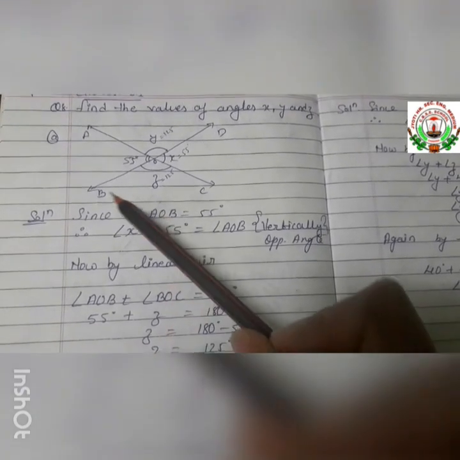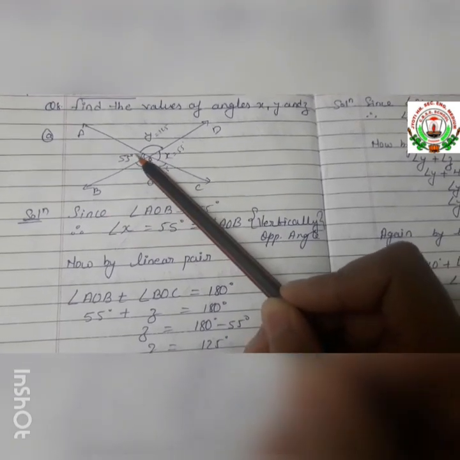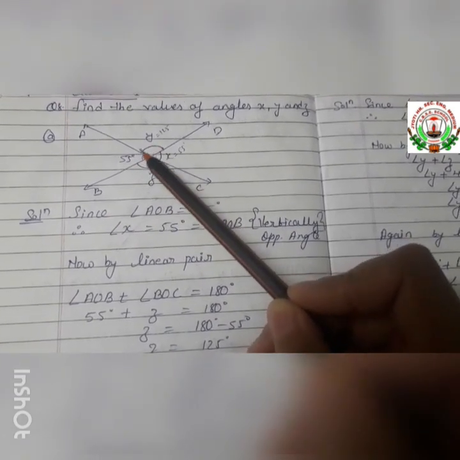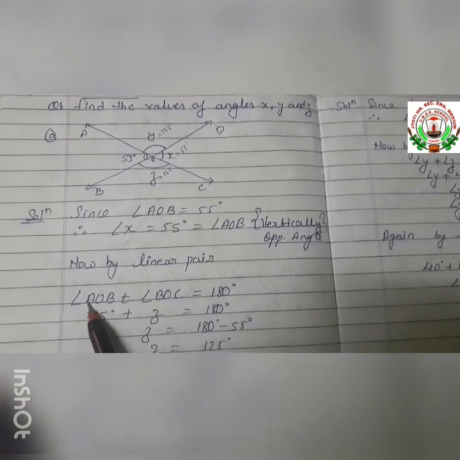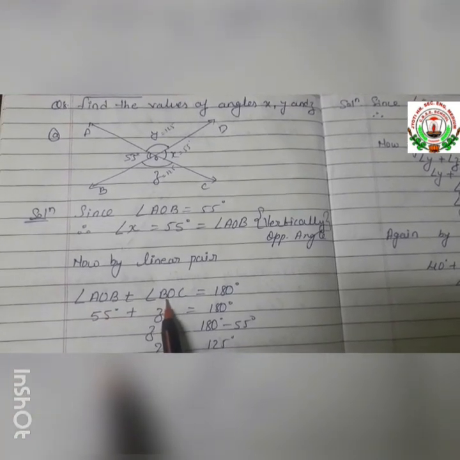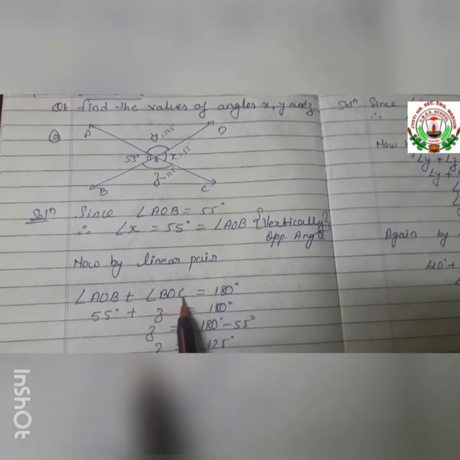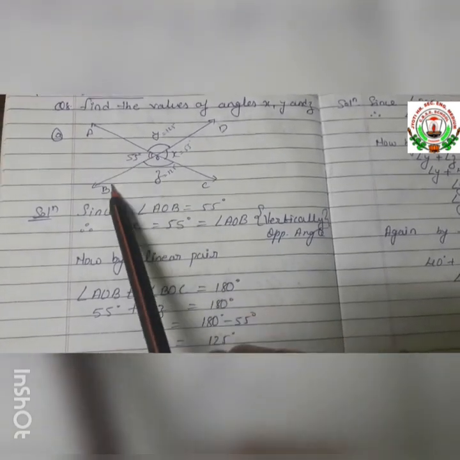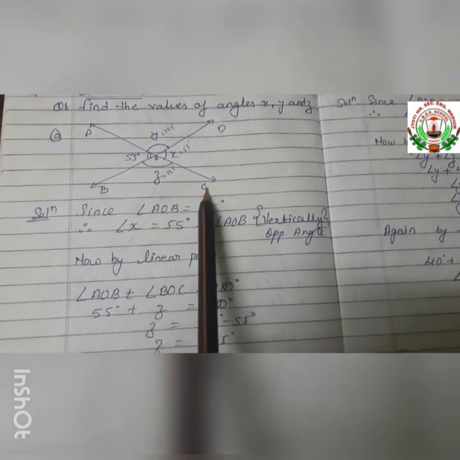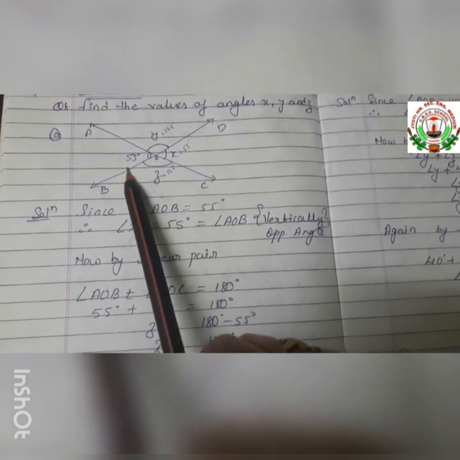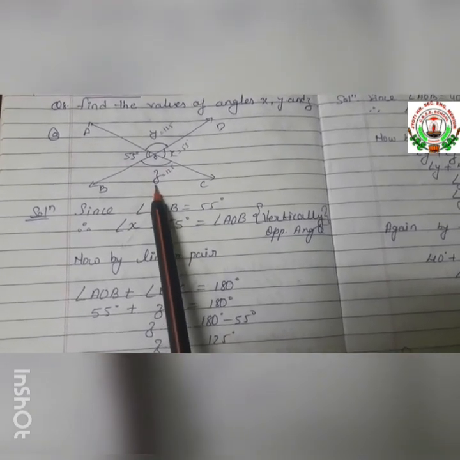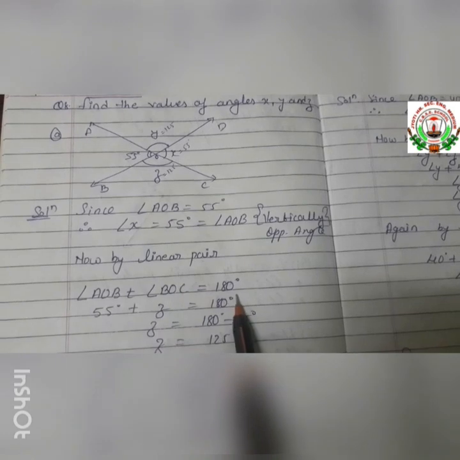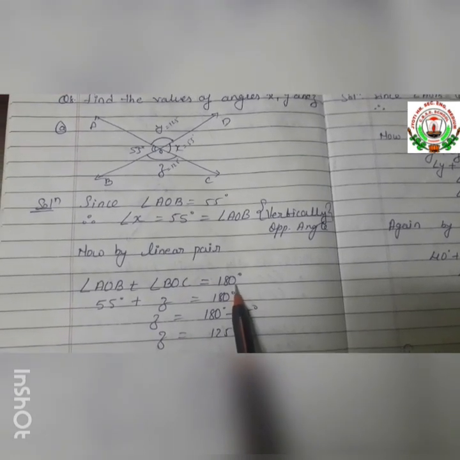It says that when we add the two angles, it will become supplementary, isn't it? So angle AOB will be added to angle BOC. That means 55 will be added to angle Z will be equal to 180 degree. That is a linear pair angle, isn't it?